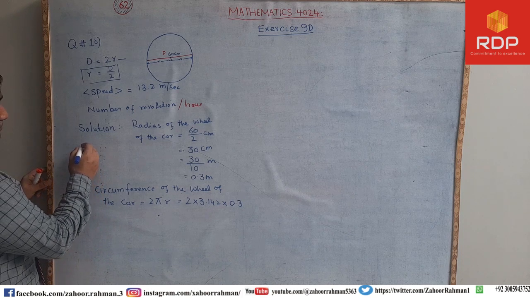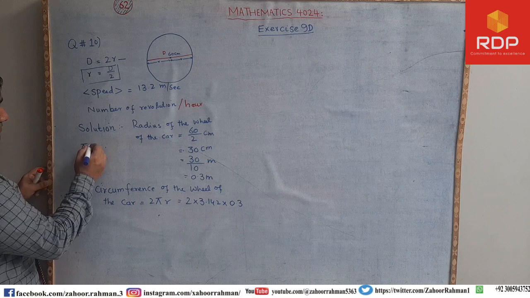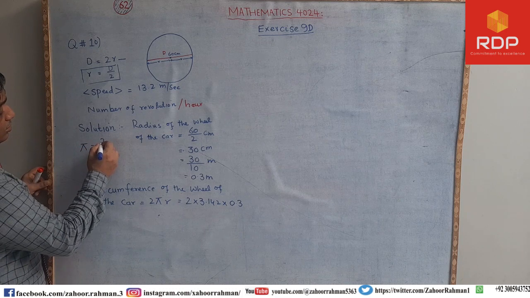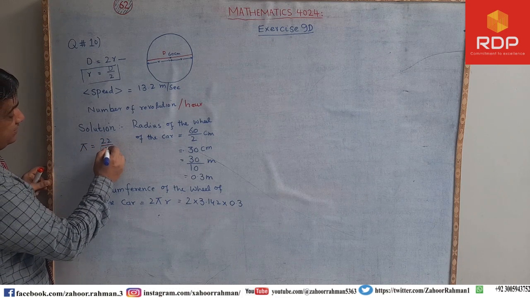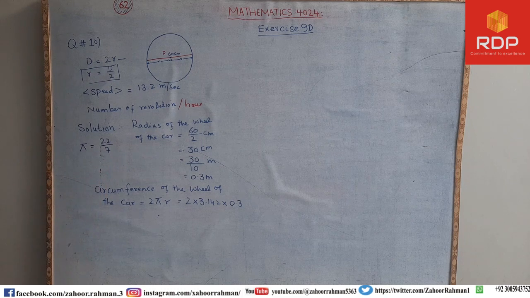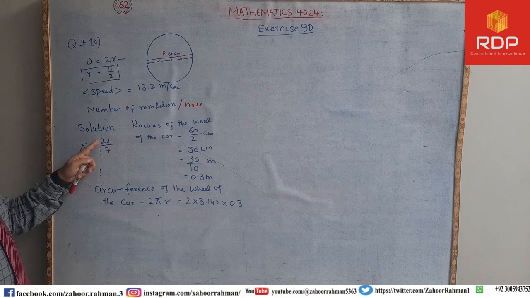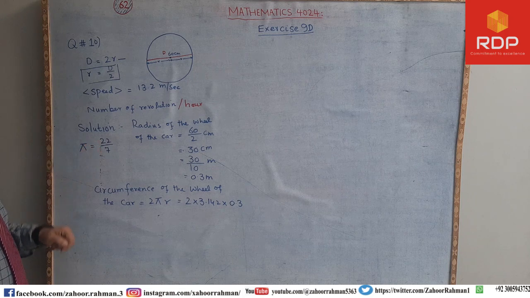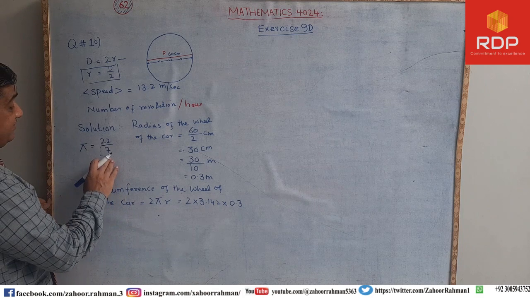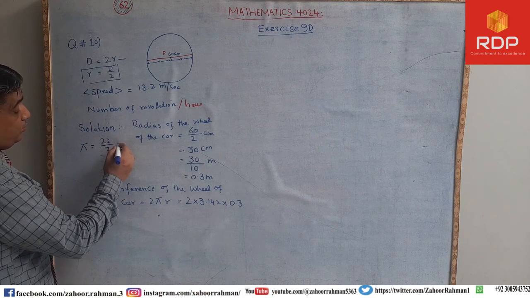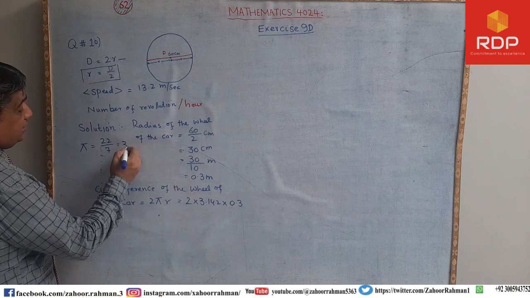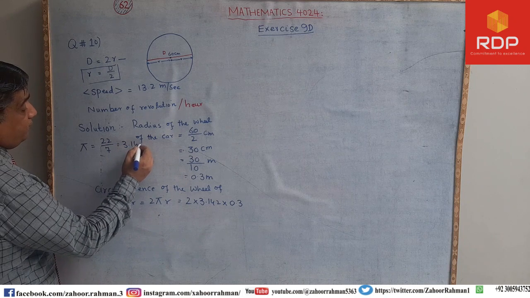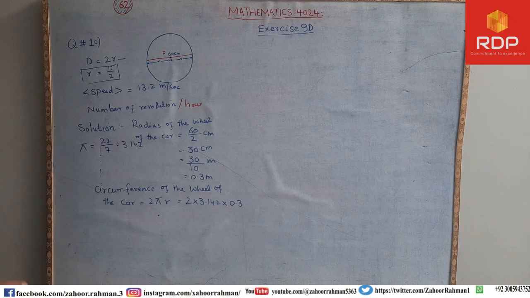Remember that pi is equal to 22 over 7, and if we divide 22 by 7 it is equal to 3.142.